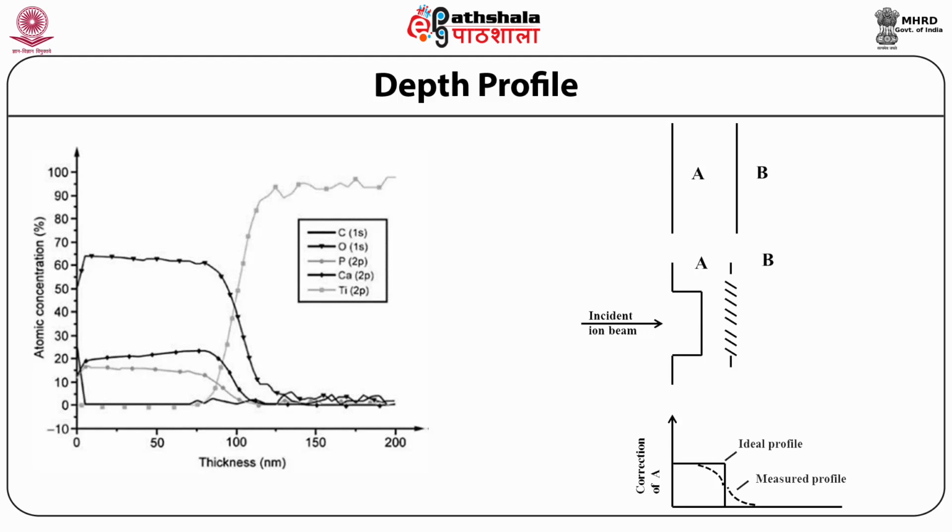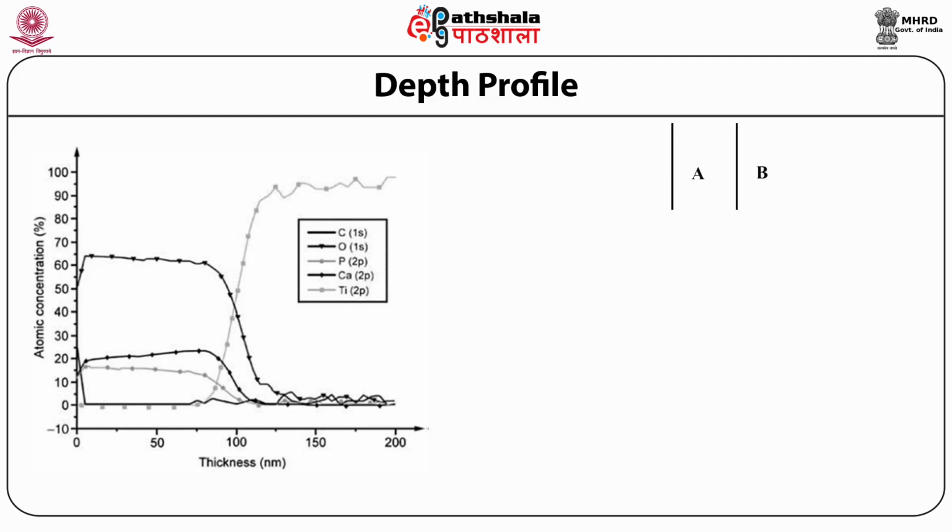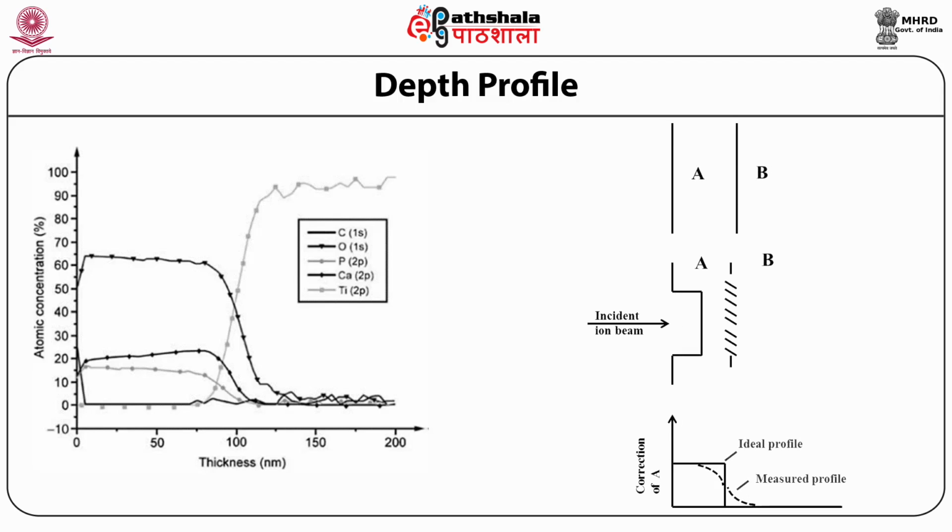The main reason for interface smearing is that the incident ions cause coating atoms and or substrate atoms to cross the interface. The atom displacements caused by the ion bombardment could be understood considering the energy brought into the sample by the ions.